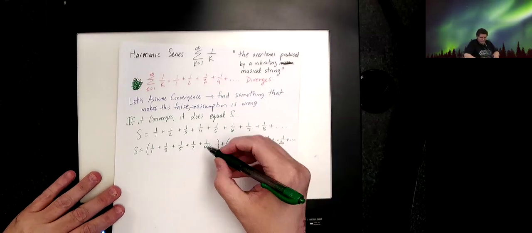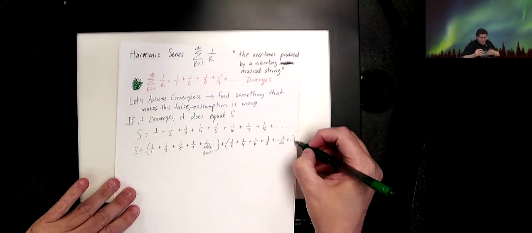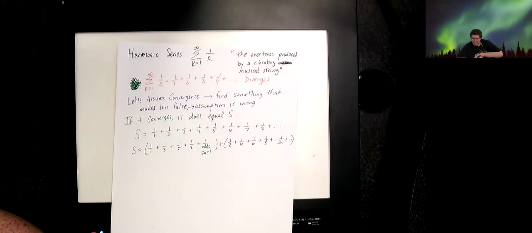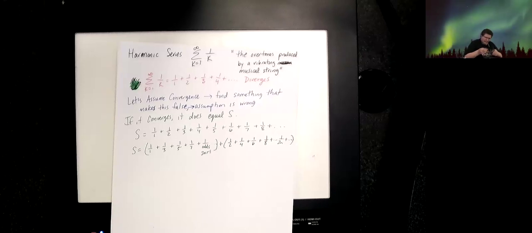I guess this is like 2n plus 1. So we're going to leave the tail half the same.